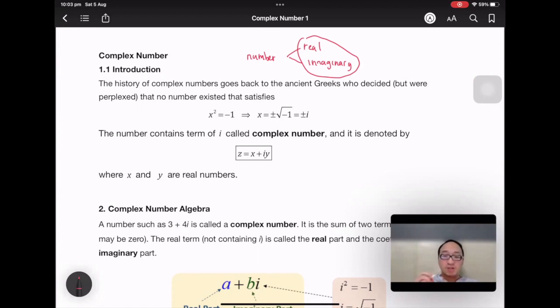So from the definition, if we have x squared equals -1, we sometimes say, oh, there is no real root. There is no square root of a negative number. Yes, because the result is not real.